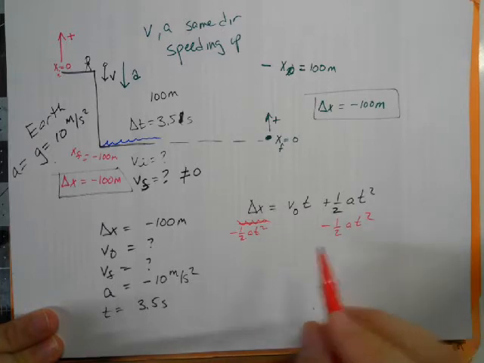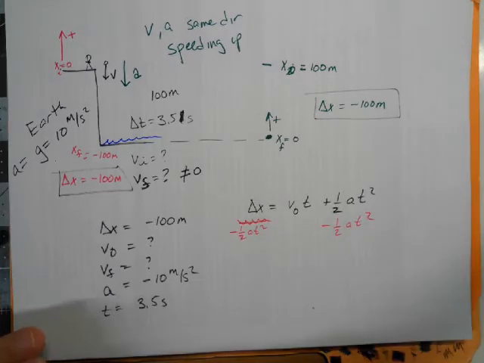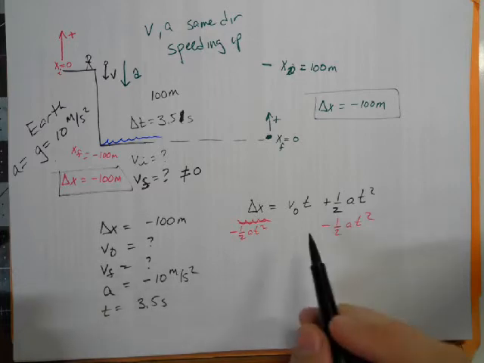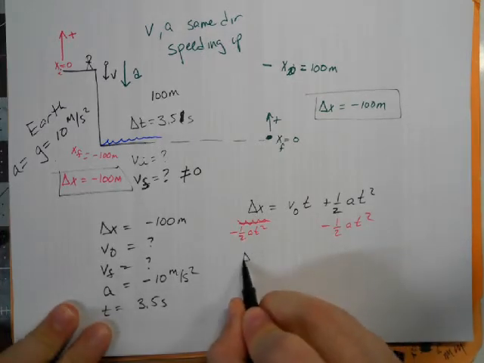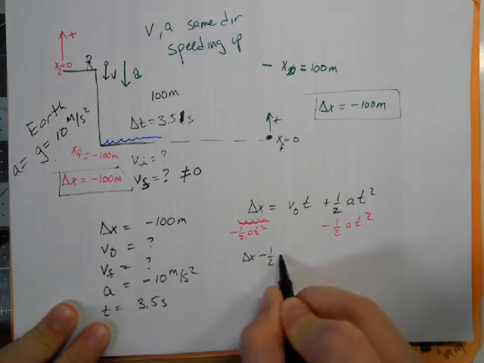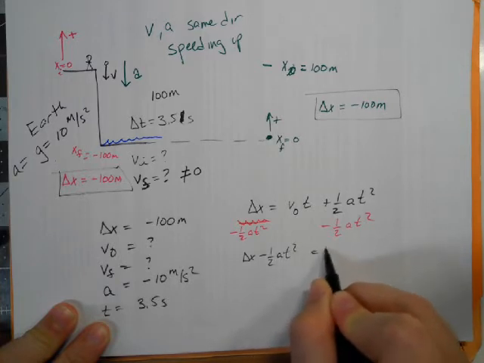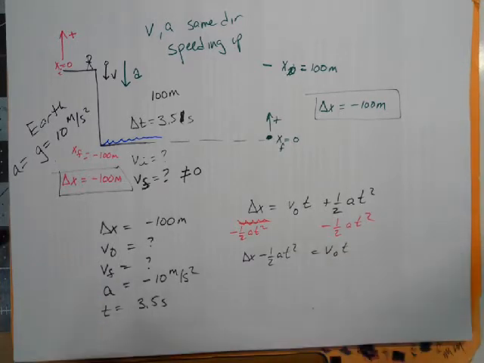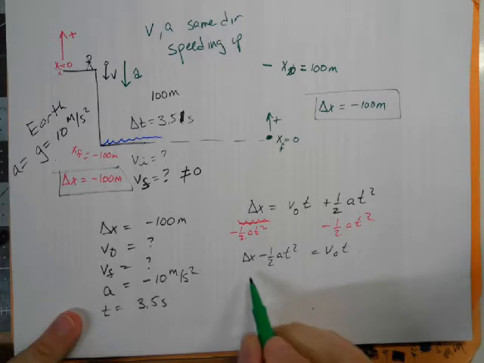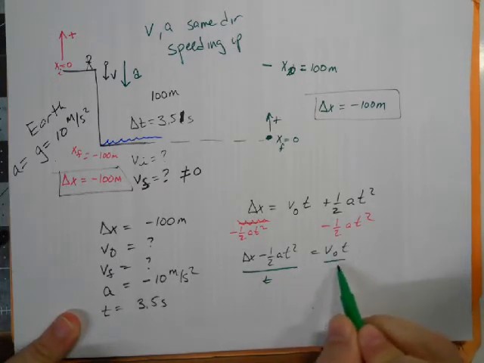And then I'm going to divide the whole thing eventually by t. And so I have delta x minus 1/2 at squared is v naught t. And then I divide both sides by t.